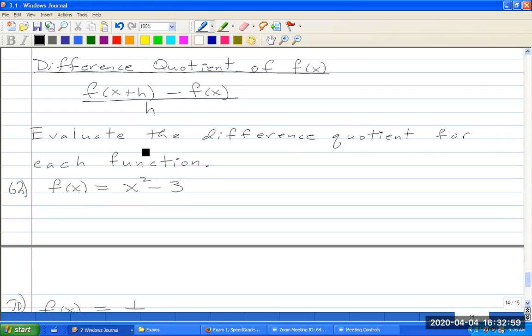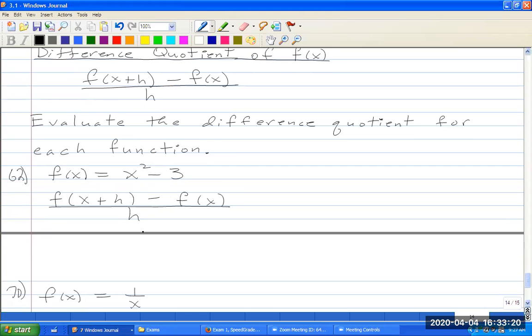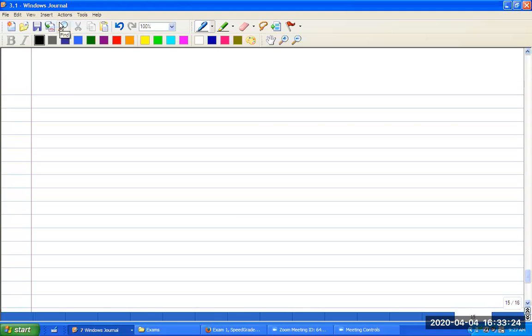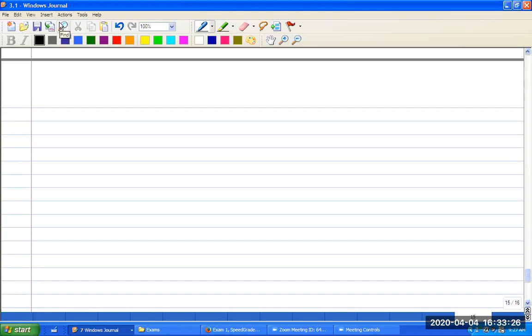so that I'm no longer dividing by h. Problem number 62. Evaluate the difference quotient for each function. And so I want to evaluate f of x plus h minus f of x, all divided by h. Okay, I'm going to need a little more space, so let me do another page here.